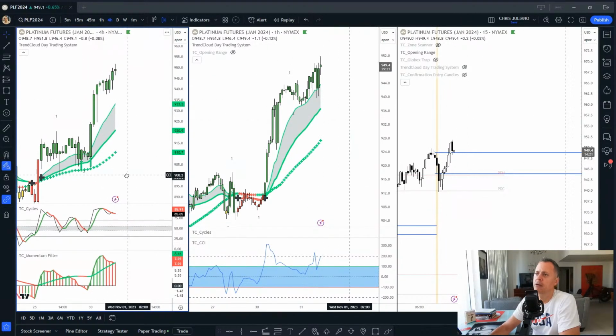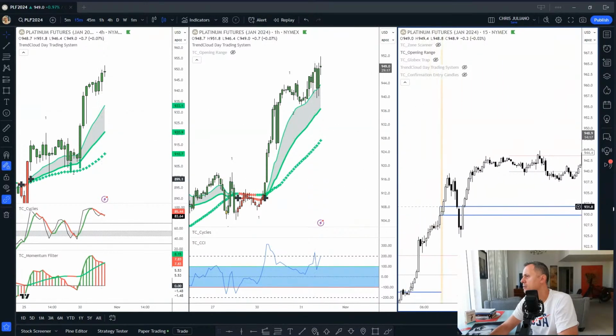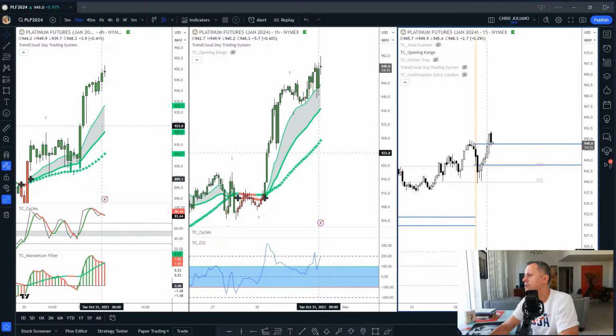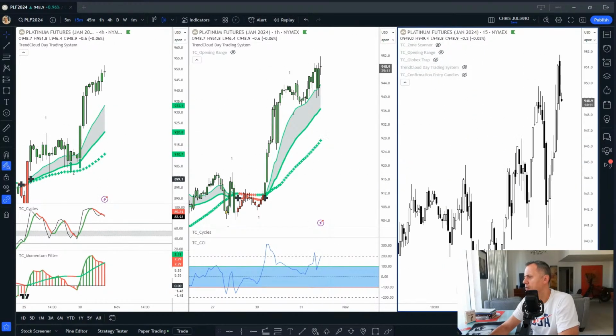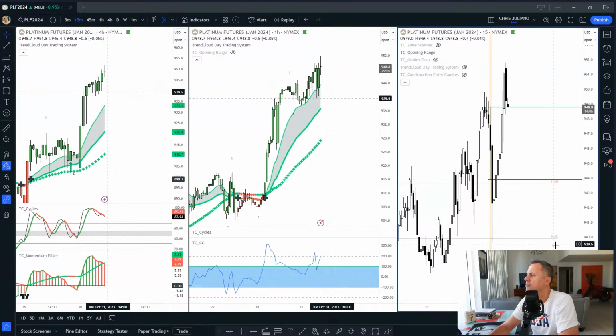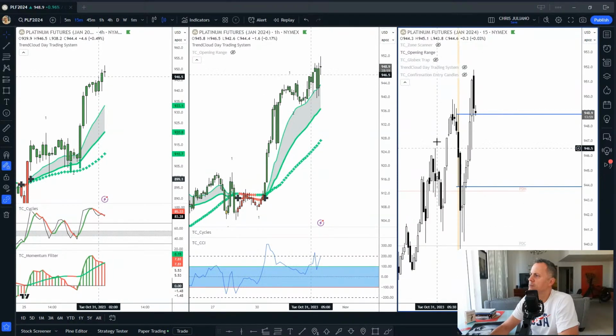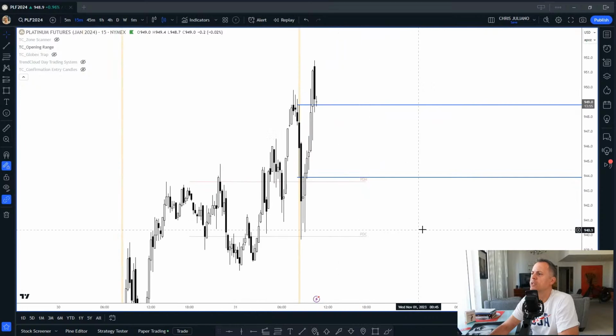This would be a good opportunity here. Recalculate the chart and really take a close look at this. So we see on this 15-minute chart, wicked moves, right?